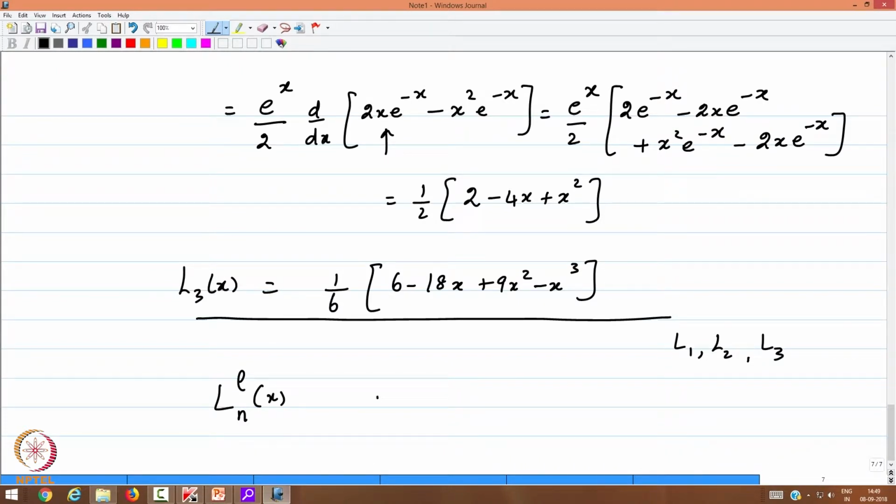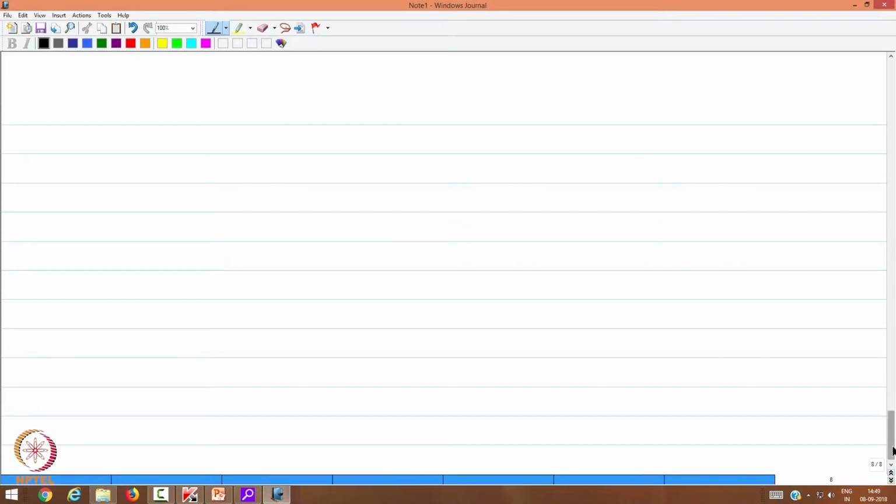So, if n is 1, in our case L is 0. Therefore, if we have to use the LNL expression, recall that the expression for L, n L of x is minus 1 raised to L, the nth derivative with respect to x of the function Ln plus L of x.